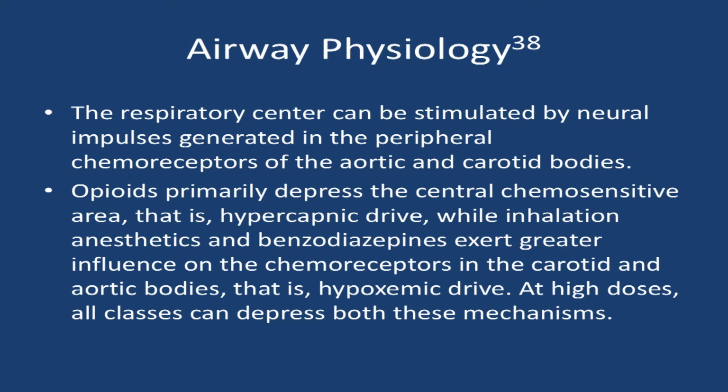The respiratory center, located centrally in the brain in the pontine and medullary areas, is very sensitive to changes in pH, which reflect the hydrogen ions released when carbon dioxide from the patient's exhalation dissociates with bicarbonate.